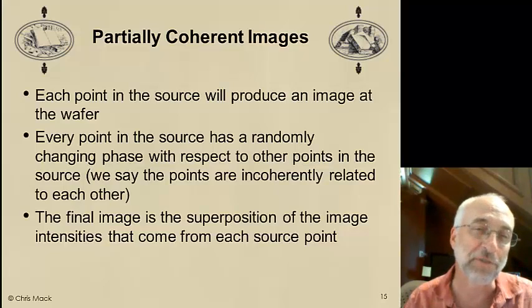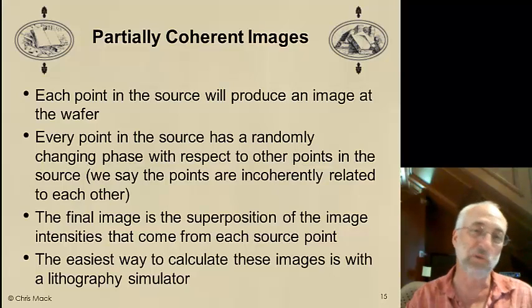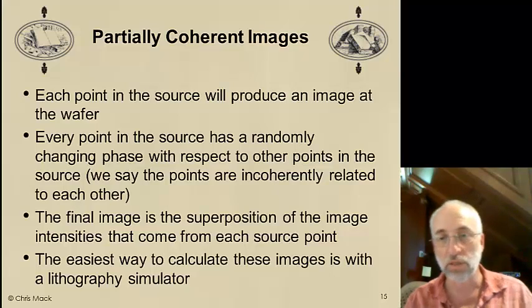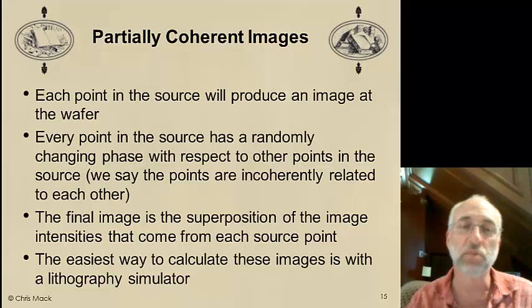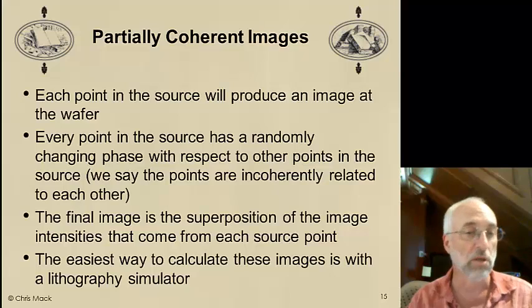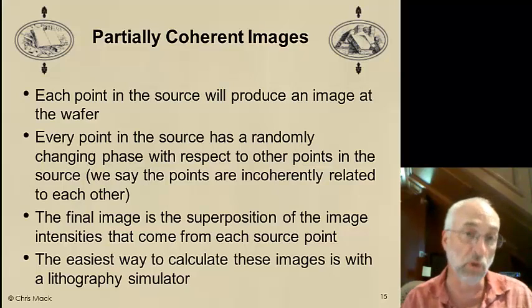Well, that's just difficult enough that we tend not to do it by hand. We don't do it with pencil and paper, probably not even with a spreadsheet. In fact, we just write software to do the calculations for us, and these software programs have become extremely popular to do these kinds of calculations. We call them lithography simulators, and they perform these calculations for us.